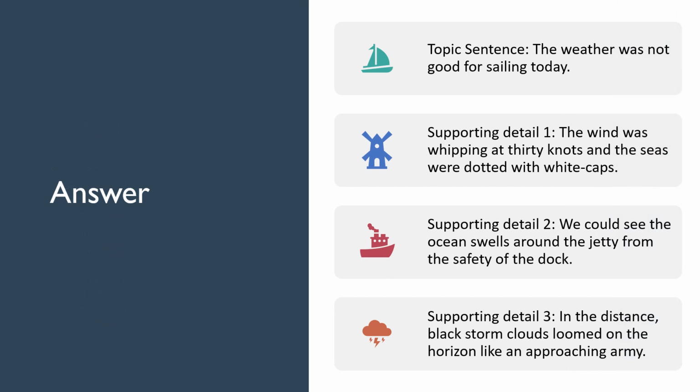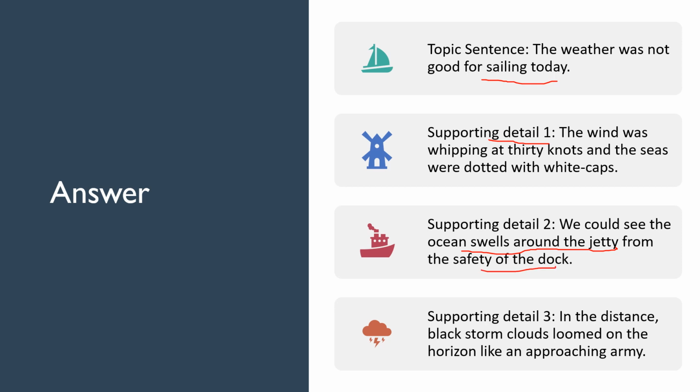Based on the earlier paragraph, when we divide them into different parts, the first part is for the topic sentence, the weather was not good for sailing today. And for the supporting detail, the first one, the wind was whipping at 30 knots and the seas were dotted with white caps. Second supporting detail is we could see the ocean swells around the jetty from the safety of the dock.